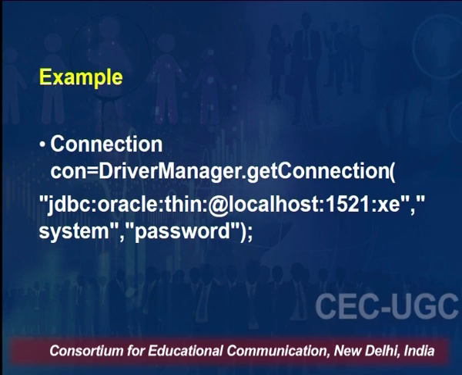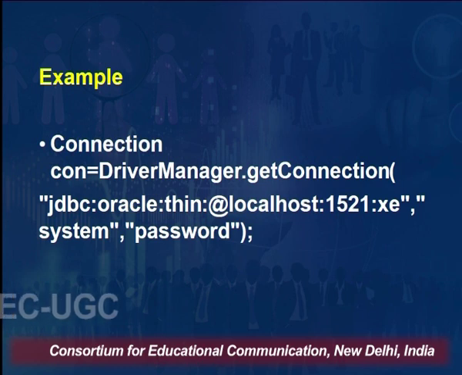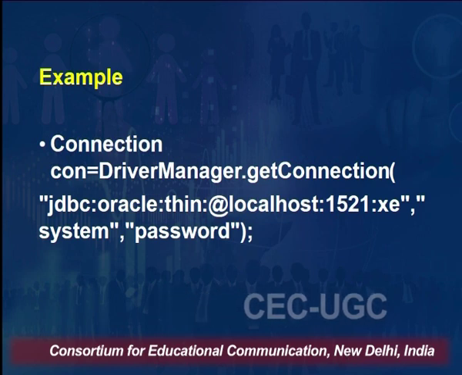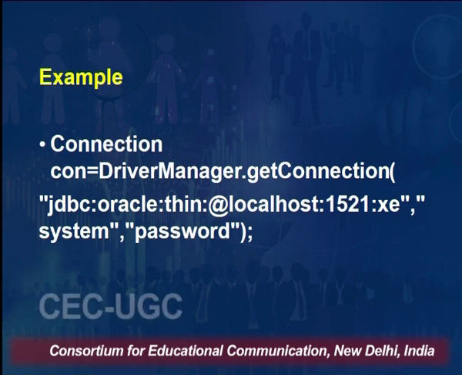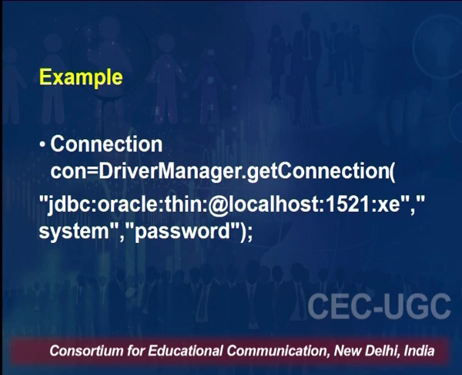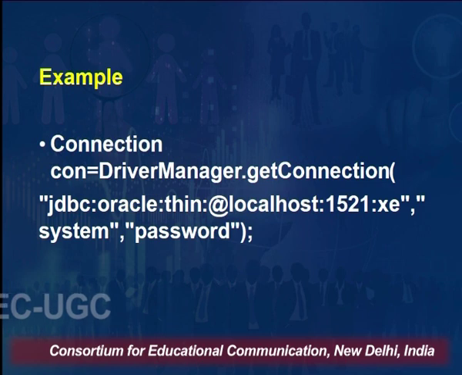So, whatever object reference is returned will be stored inside conn, and we have used the whole URL where this database is, and the username and the password of that particular database for which we have just defined the URL.